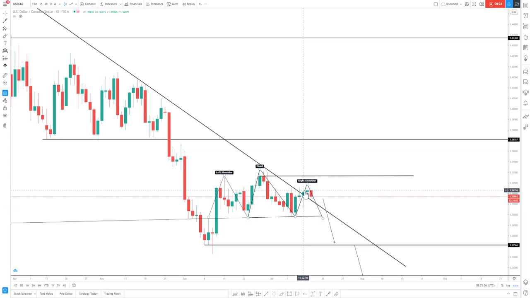Wicks equal rejection in price, so they didn't agree on higher prices. We had wicks and this indecision candle close, and all of a sudden we have this bearish candle. If this candle closes with much bearish momentum, we would have an evening star pattern forming right around here. That's even more of a confluence to go short on USD CAD.